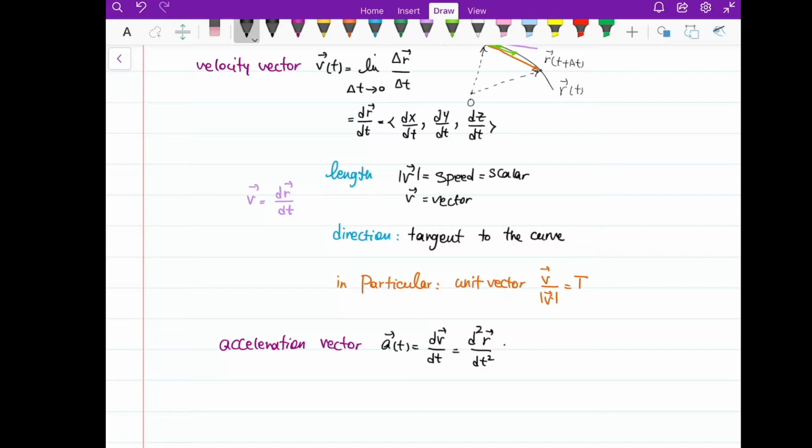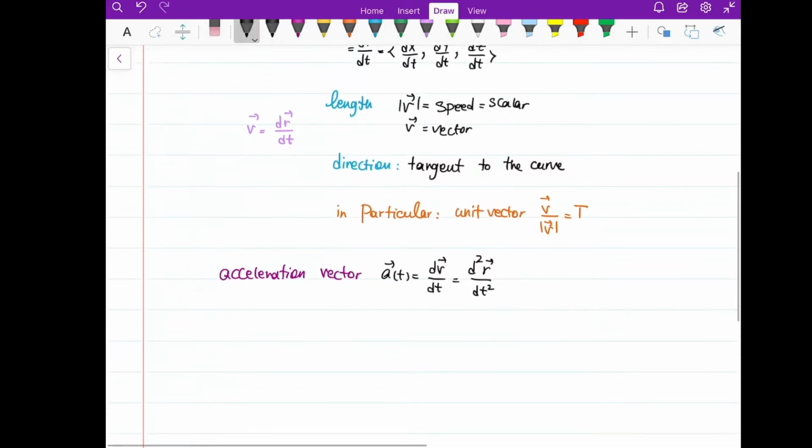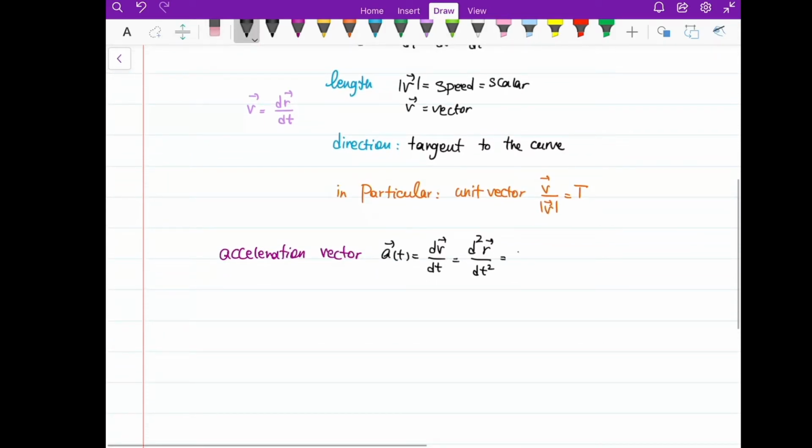We take the second derivative of each of the components: d squared x dt squared, d squared y dt squared, and d squared z dt squared.